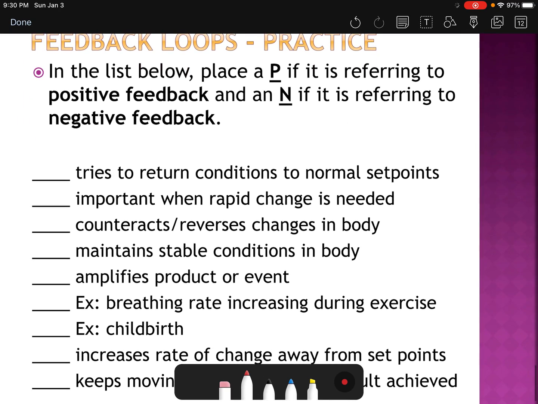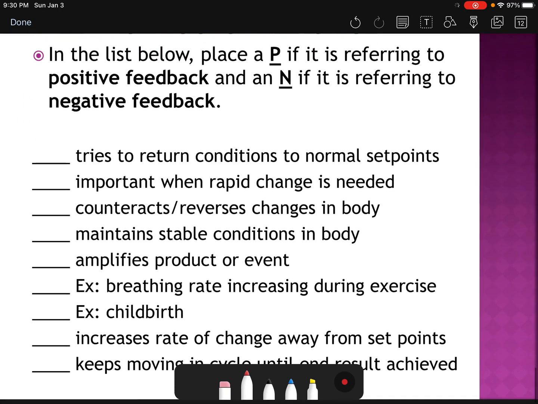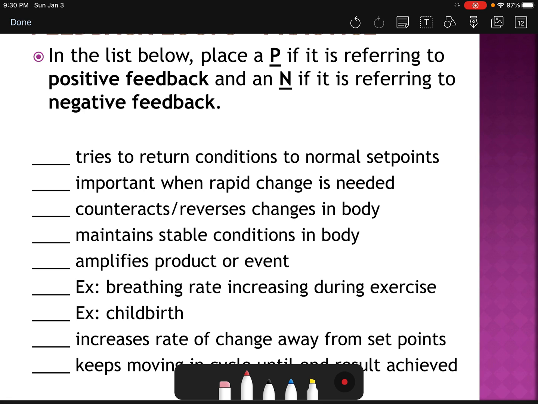Okay, let's see if you remember the difference between the positive and negative feedback. Which one tries to return conditions to the normal set points? That's negative feedback loop. How about when rapid change is needed? Positive feedback. Counteracts or reverses changes in the body.